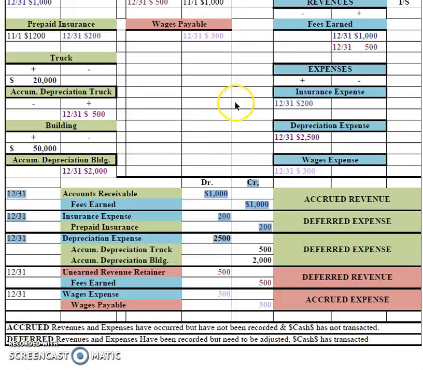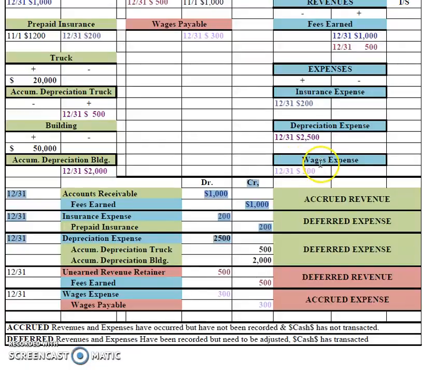So we have some other wage expenses. Here's the depreciation expense. It's deferred expense. Cash is already transacted. And we have wages expense, accrued expense. Wages sometimes fall in the middle of the week.